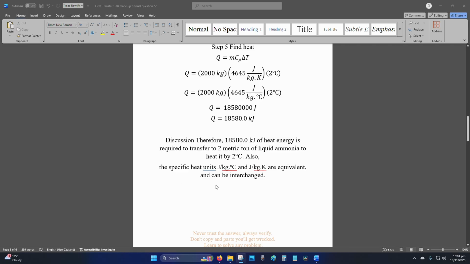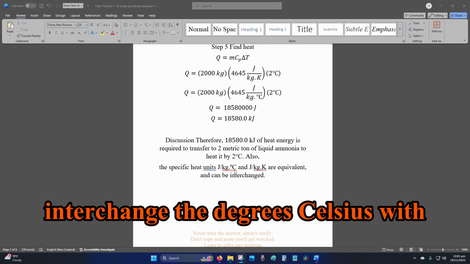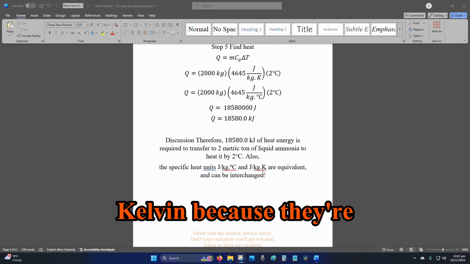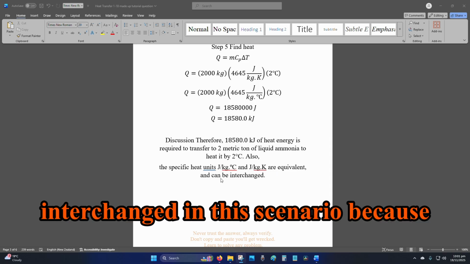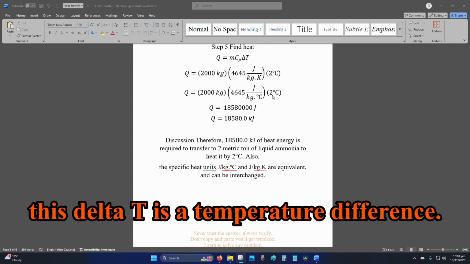And note, we just interchange the degrees Celsius with Kelvin because they're equivalent and can be interchanged in this scenario, because this delta T is a temperature difference.